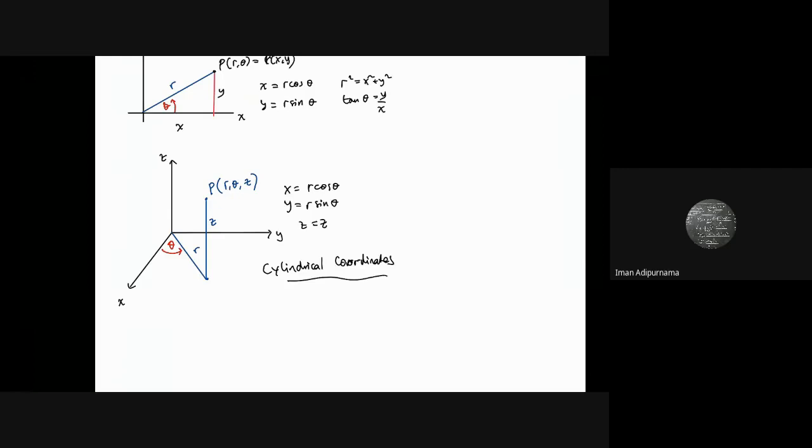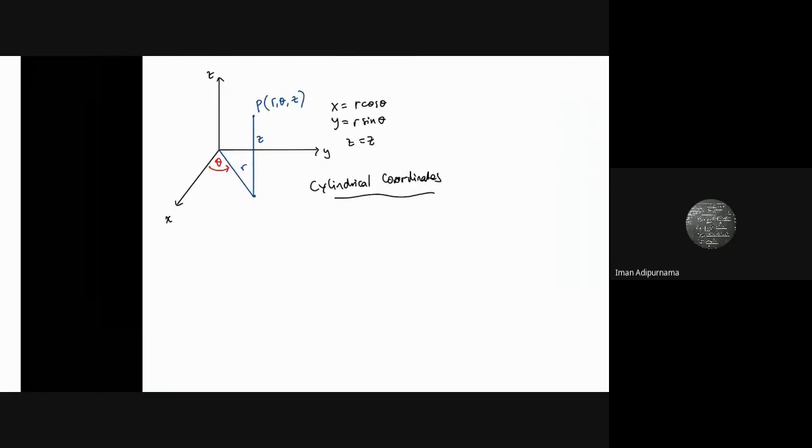Why cylindrical? If you remember the quadric surfaces, whenever you have a circle equation and you have another axis like Z, you will have a cylinder-like shape.